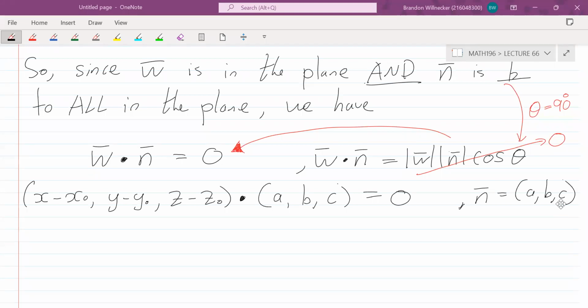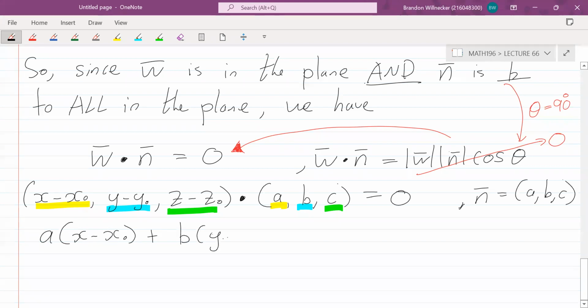Okay, so let's do the dot product. That means we multiply the first components and then add it to the product of the second components and then add it to the product of the third components. So we're going to get a times x minus x naught plus b times y minus y naught plus c times z minus z naught is equal to 0.